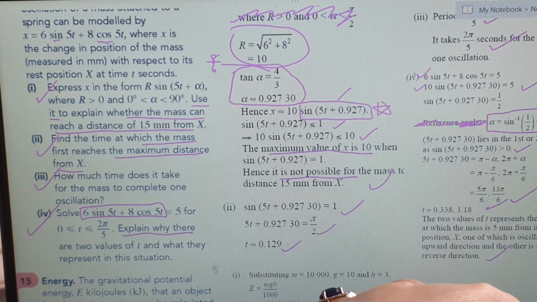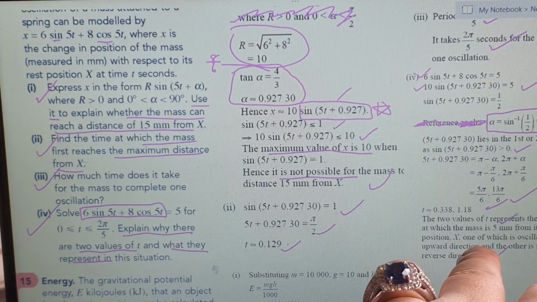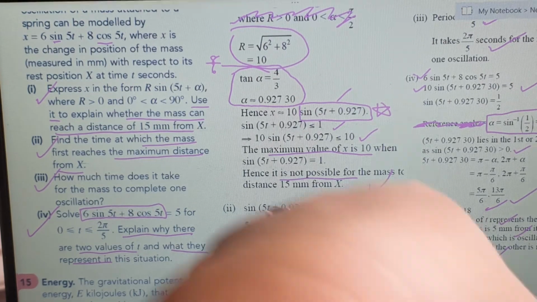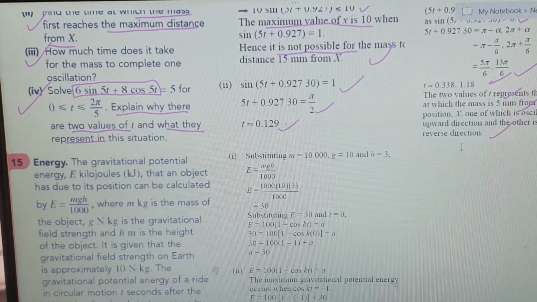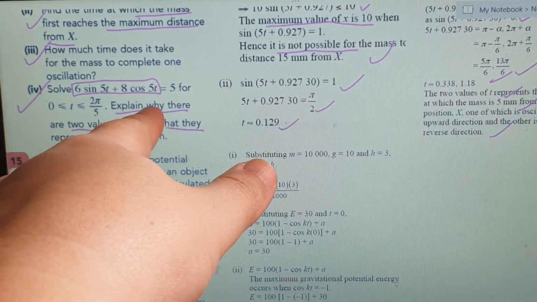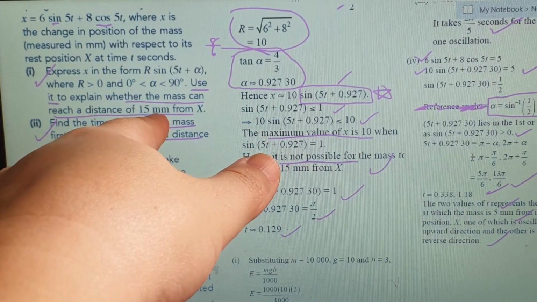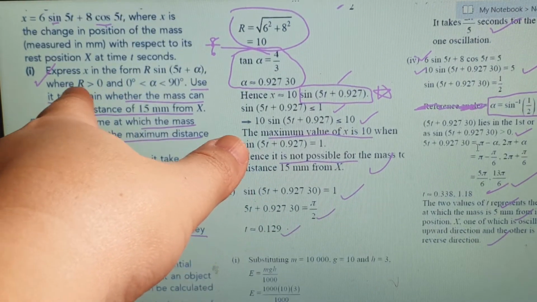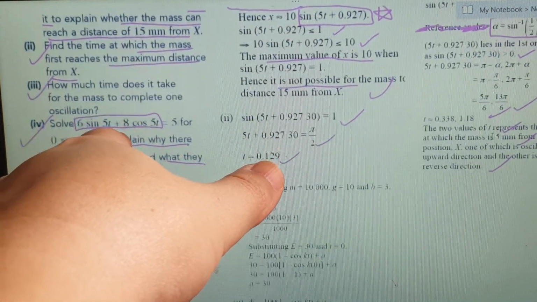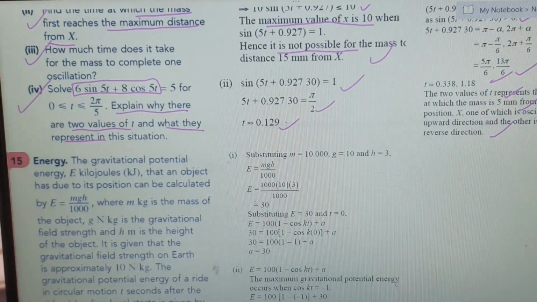Explain why there are two values of t and what they represent. So the two values represent the time at which it is 5 mm from the rest point x. Meaning, here I draw for you, if this is x, this is the rest point, right?